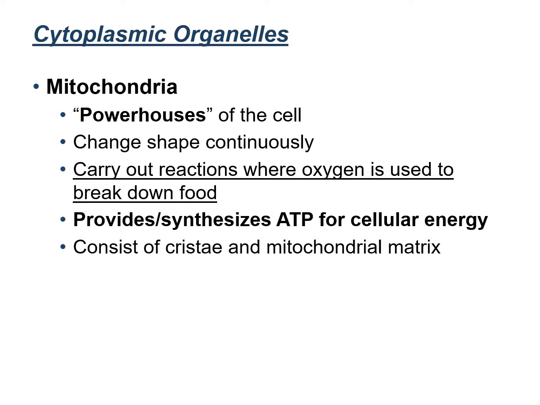So oxygen is used to break down food, and a huge amount of energy is released, and that energy gets stored in the cell in the form of ATP. ATP stands for adenosine triphosphate. So these ATPs are energy rich molecules, and whenever the cell needs energy for a specific function, the ATP is broken down to release the stored energy.